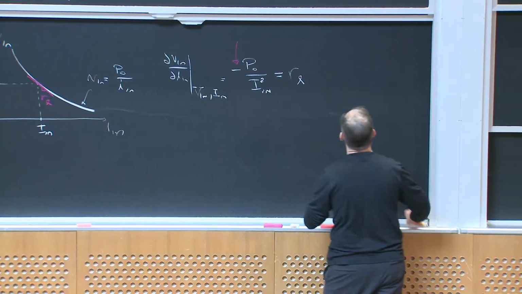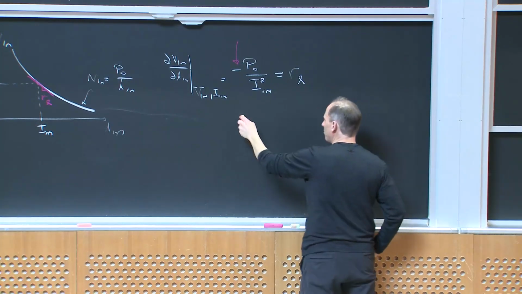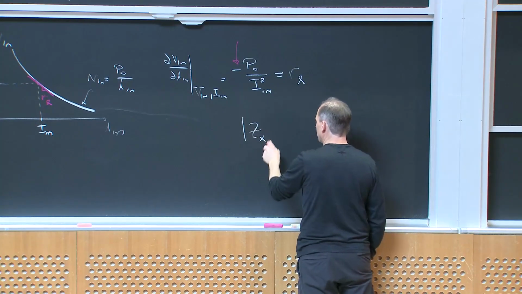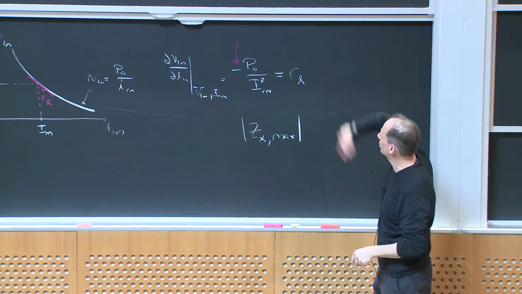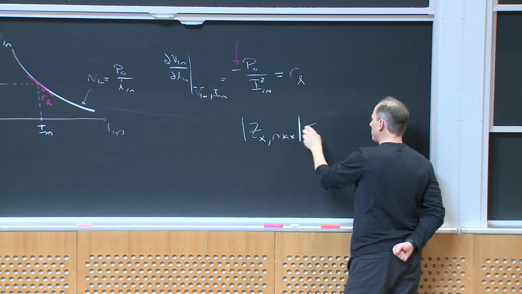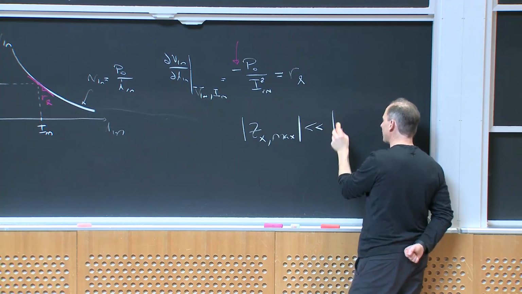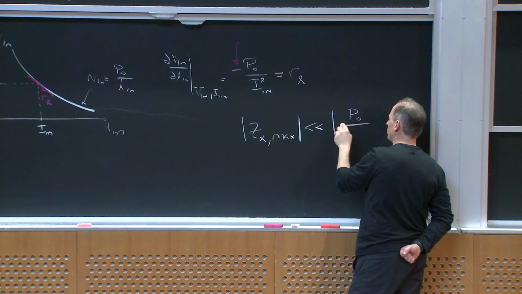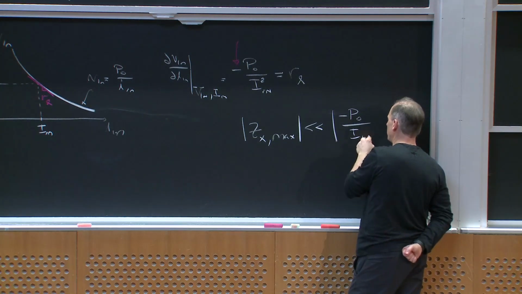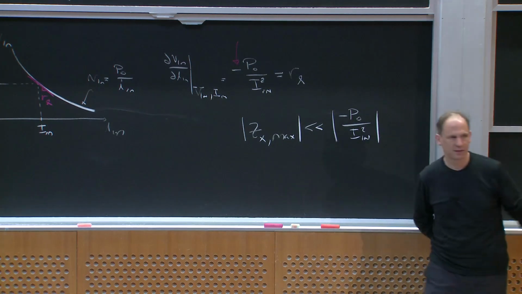And here I've shown you the simplest case for R_D, but the more general statement is that we need the maximum output impedance of my filter across all frequencies to be well below the magnitude of P_out over V_in squared.